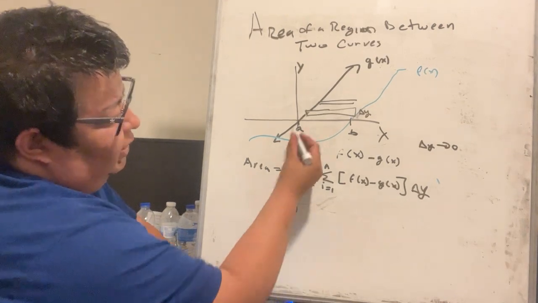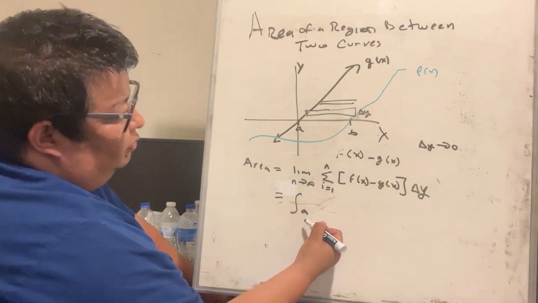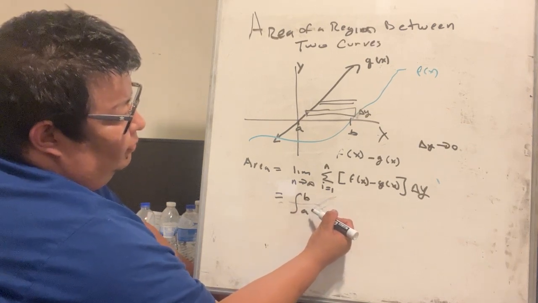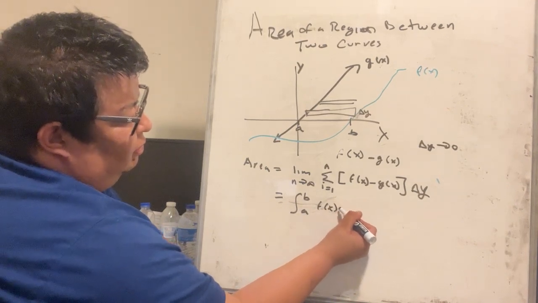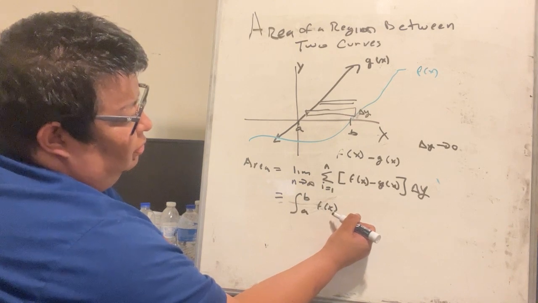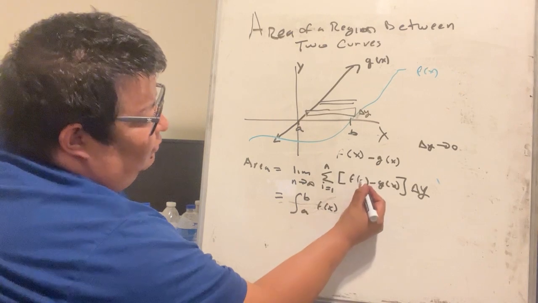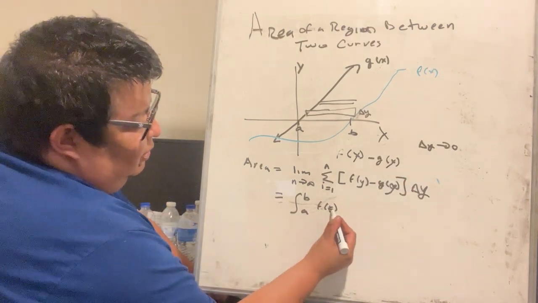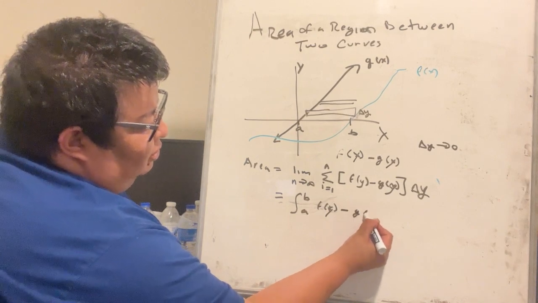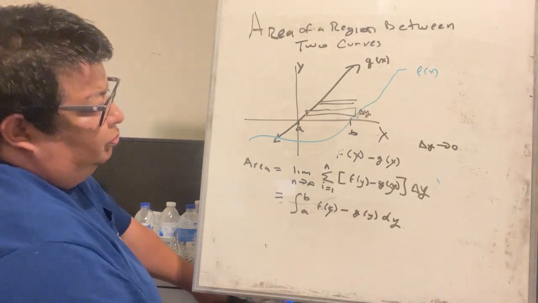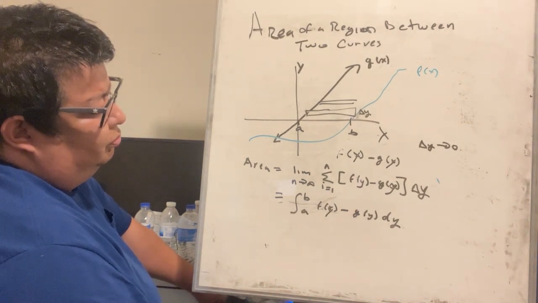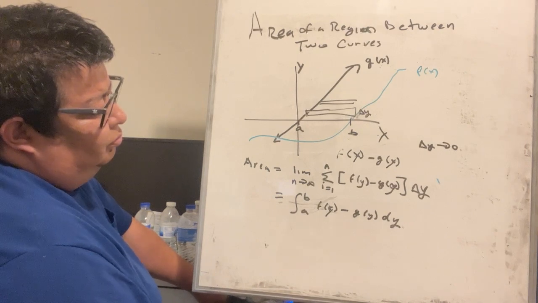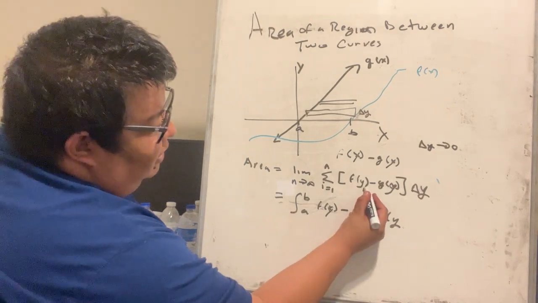And that's going to be equal to, again, we need to know the endpoints, the integral from a to b of, and actually let's call this one f of y because we're working with delta y. So f of y minus g of y delta y.